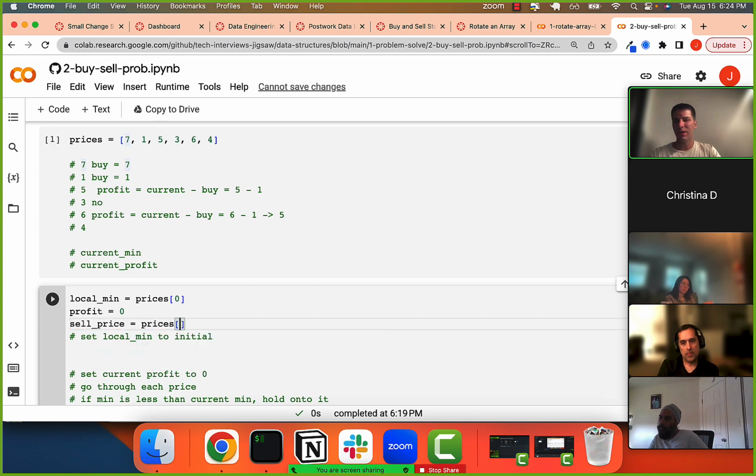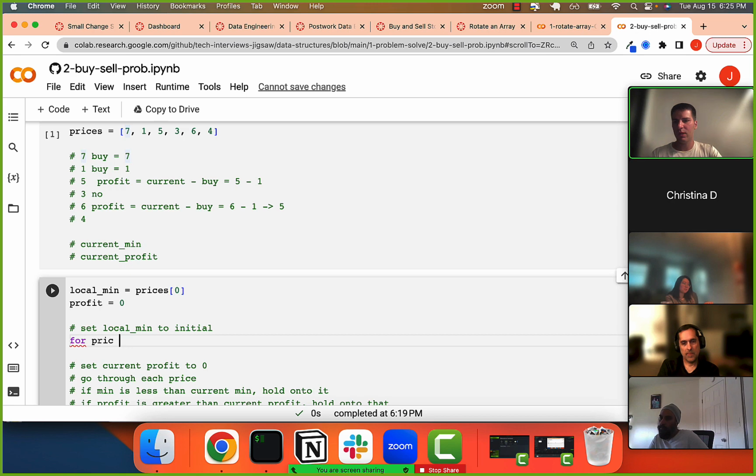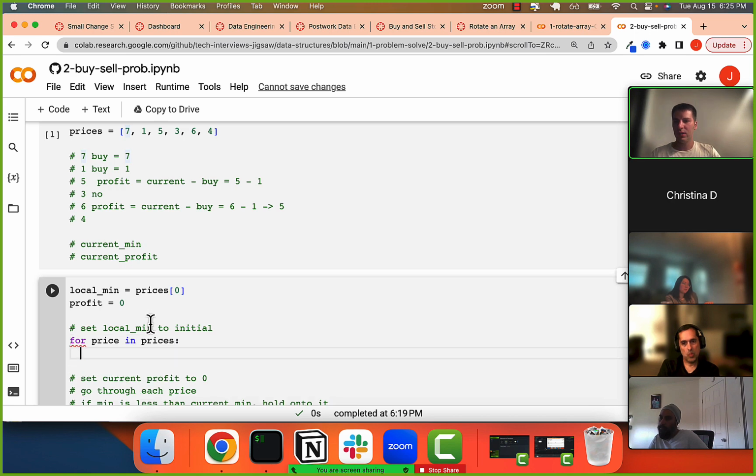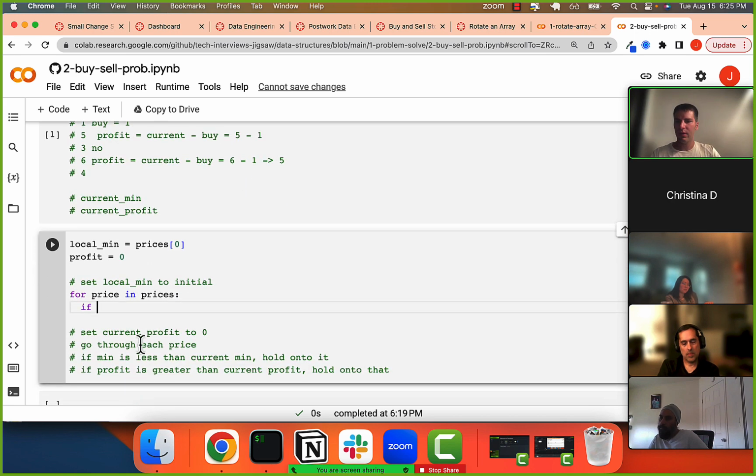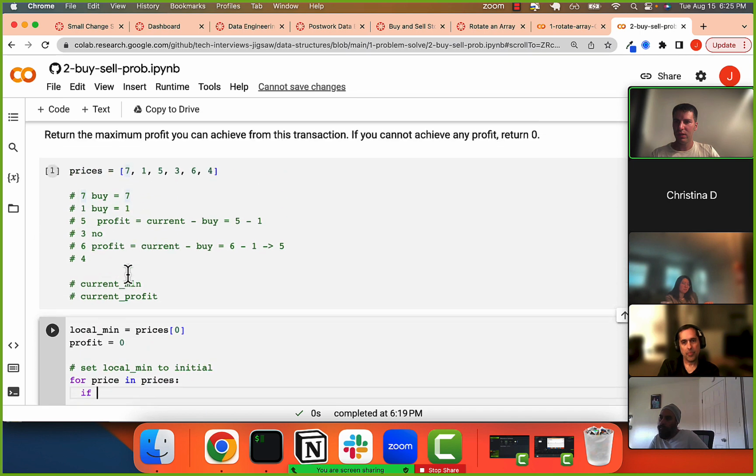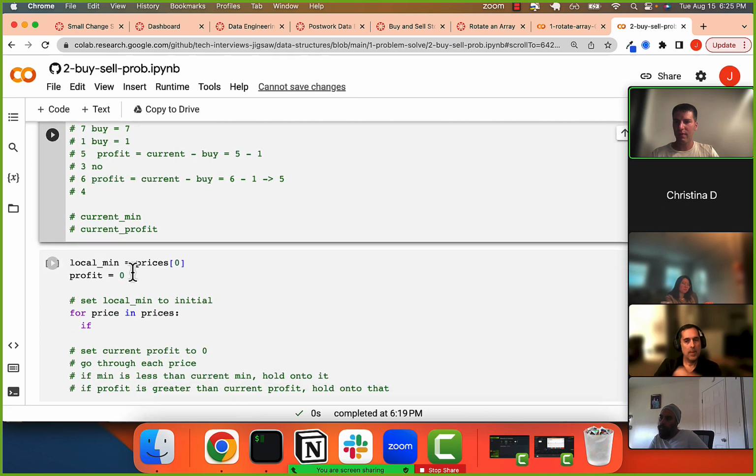You could set it equal to the second one if you want. I don't know if there's a good thing. Maybe not for now. Let's leave it blank. Okay, so now what we want to do, go through each price. For a price in prices, and we can also write down some of these. Let's copy this, because I like having it.